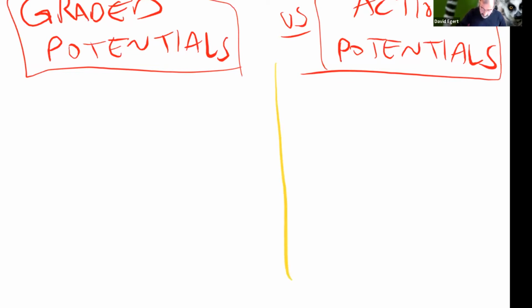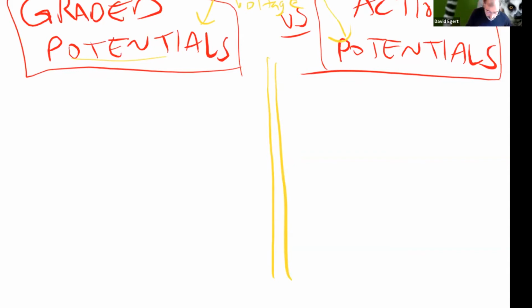So graded potentials and action potentials. Again, potential is a synonym for membrane voltage. But that's what we mean. The potential, electric potential, or membrane voltage is the same. We just use them interchangeably.